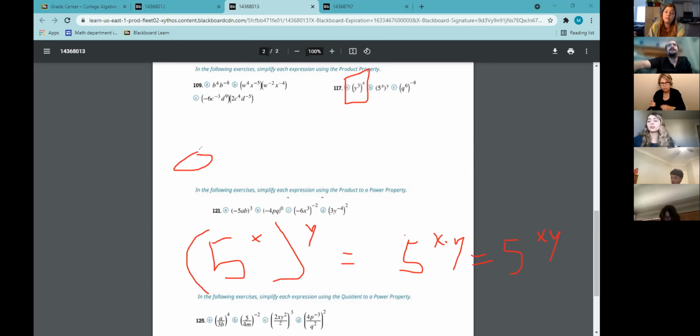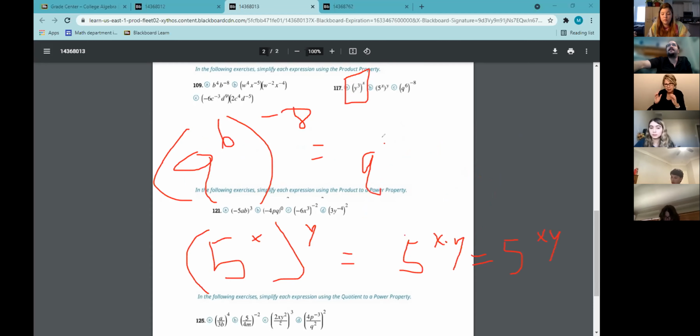Yes, you have q power 6, the whole thing power minus 8. And so what I'm doing is I'm laying down that base, it's q. And my exponents get multiplied. 6 times what? Minus 8. Then it's minus 48, and put the whole thing down like 1 over q power 48.